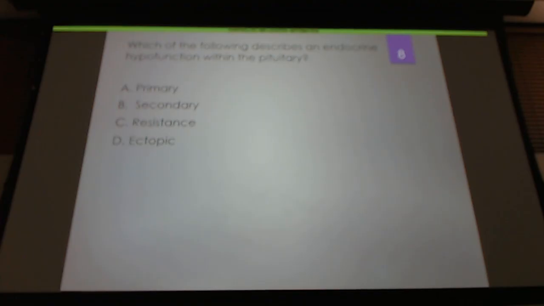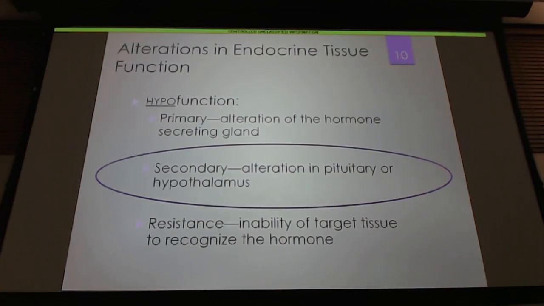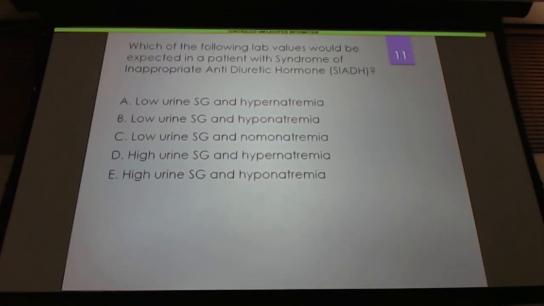Resistance is the endocrine function is working well, the negative feedback loop is working right, but regardless of how much hormone is in the blood, it can't get to do what it needs to because there's resistance at the site. And then ectopic is what? Something outside the endocrine system that's producing excess hormone. It's like maybe a cancer or something. Okay. Feel good about that now? Maybe? You won't miss it again.